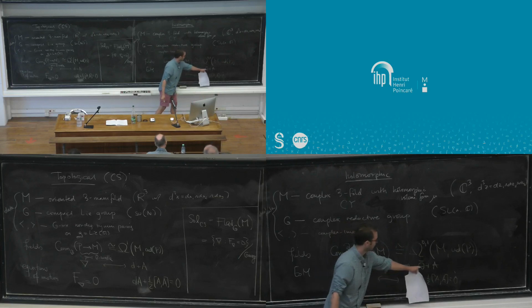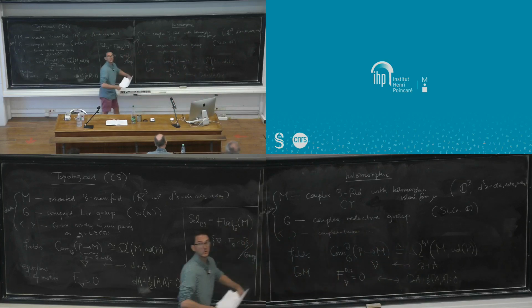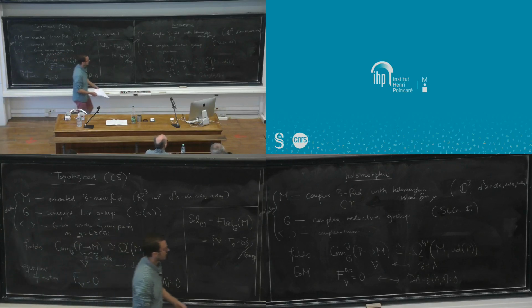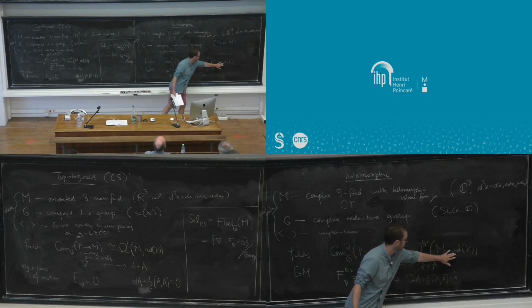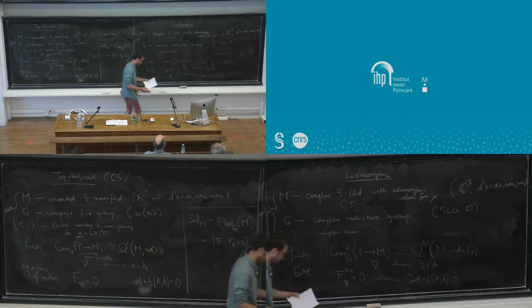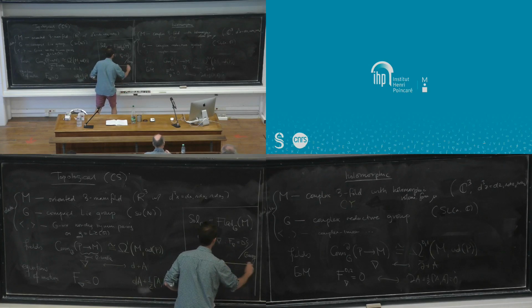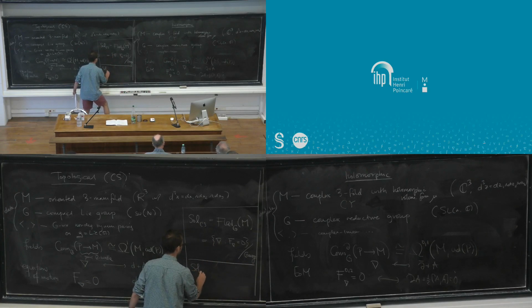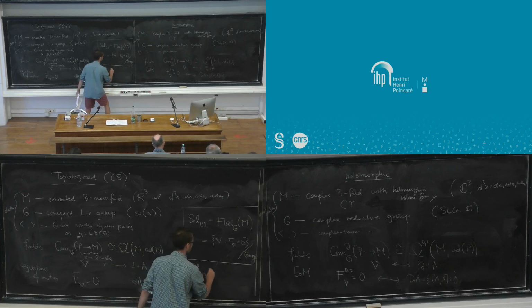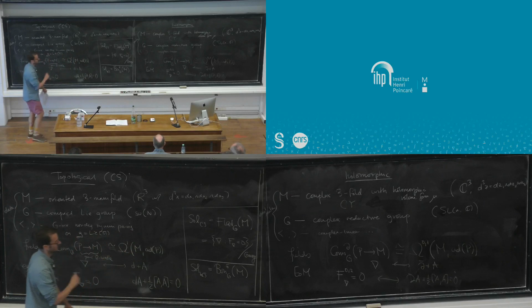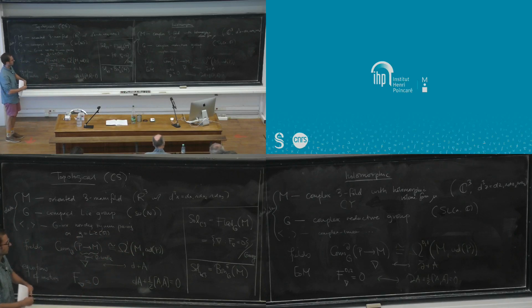So that tells me that del bar plus A determines a deformation of the complex vector bundle to another holomorphic vector bundle. So let me just put it here. So solutions to the holomorphic Chern-Simons really have to be this holomorphic version of G bundles on M as a stack. Okay.